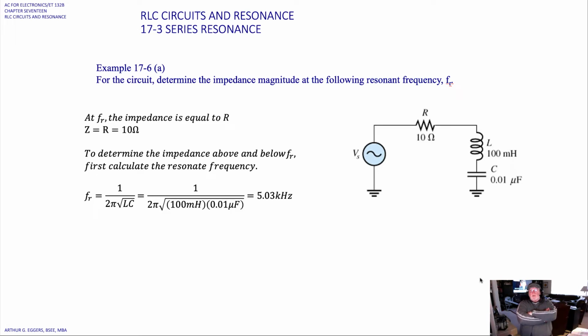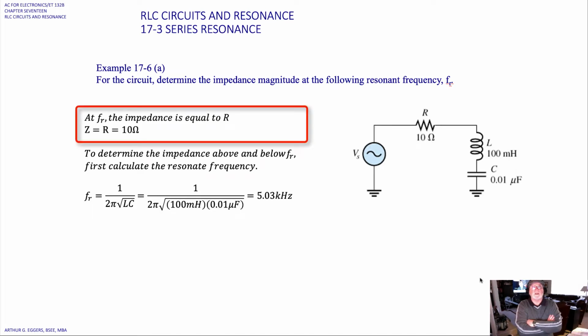For this simple circuit, we want to determine the impedance magnitude at the following resonant frequency. At the resonant frequency, the impedance is, as I said before, equal to R. So Z is equal to R and is equal to that 10 ohm resistor.